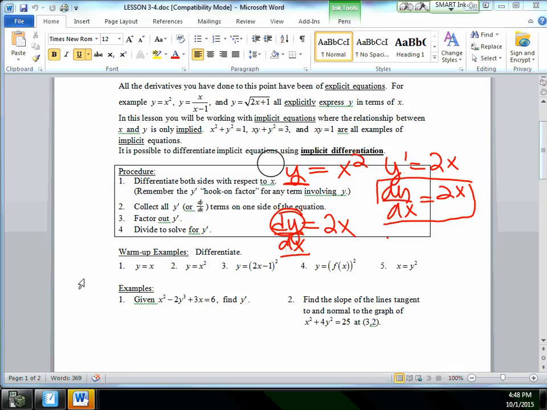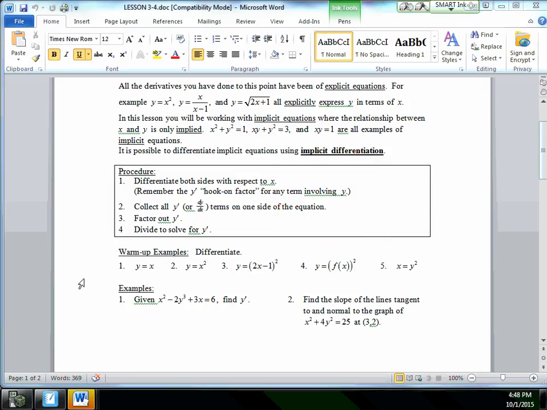So now that you kind of understand that, let's explain these steps right here. Number 1, differentiate both sides with respect to x. That is saying keep your dy's, keep your dx's. That's why this kind of simplifies it down a little, and our book will read a little different.